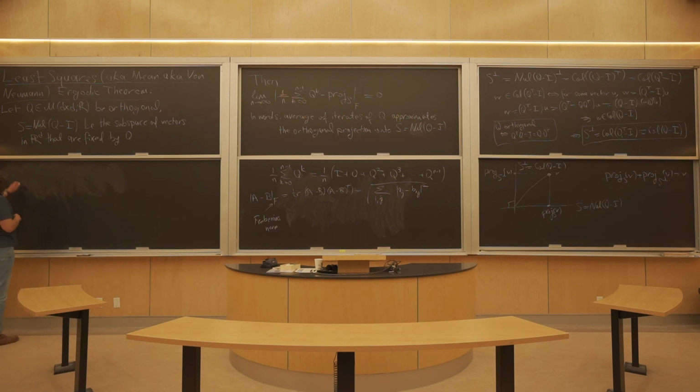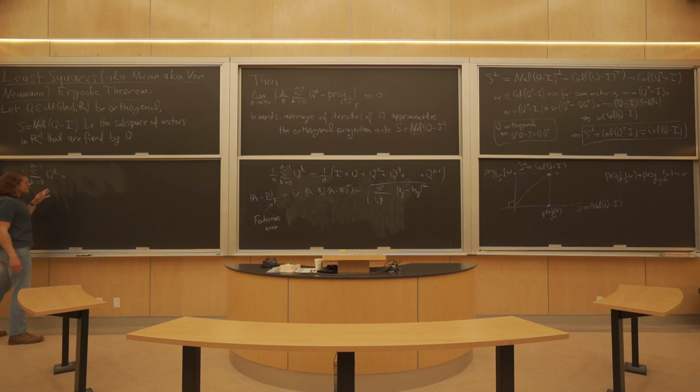So now, if I were to take this, the average of the first n iterates of Q, I see what is happening. Everything here is linear algebraic, so I can put the parentheses here.